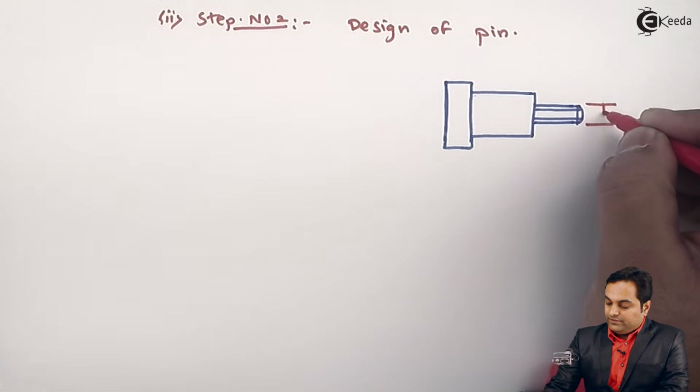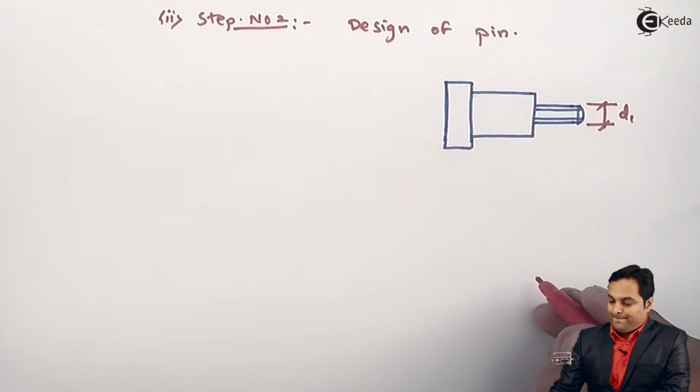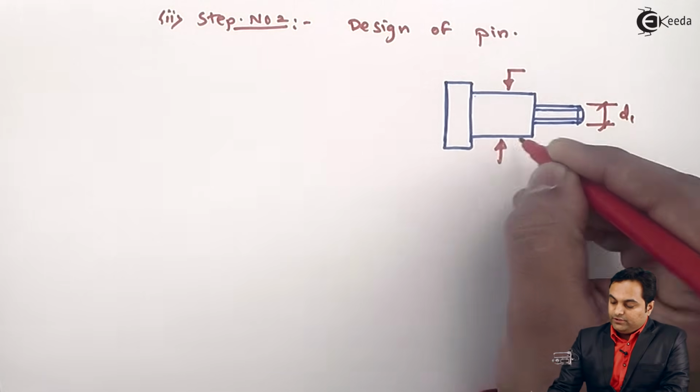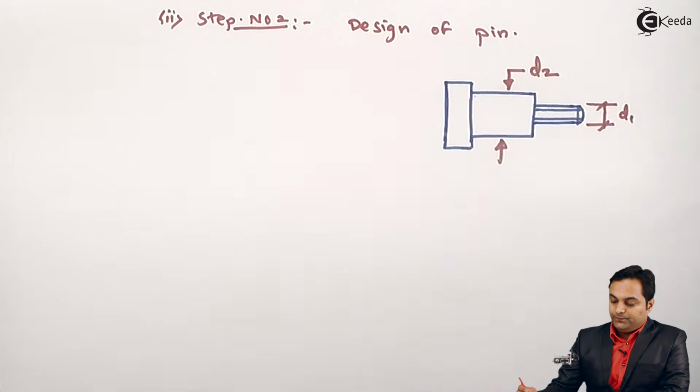Now, the diameter of this threaded portion would be D1. Next, the diameter of the enlarged portion would be D2.